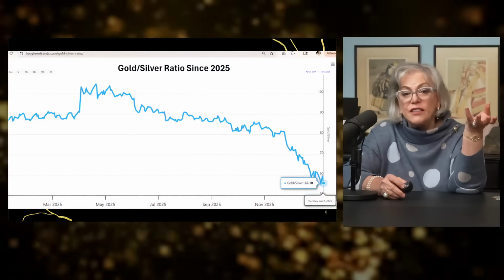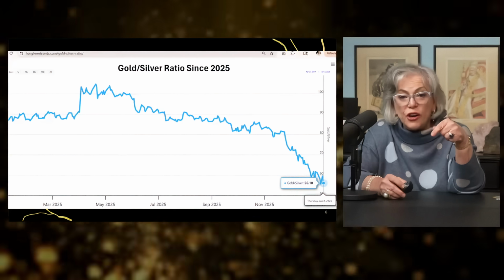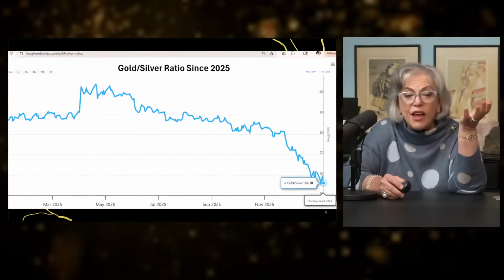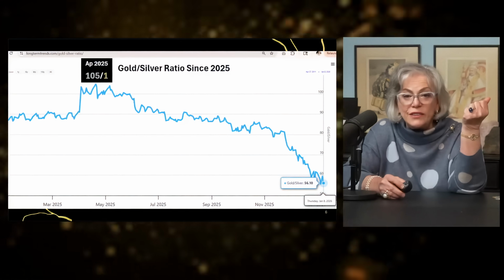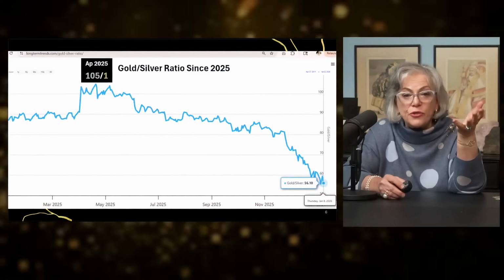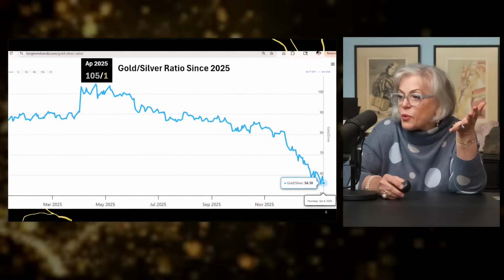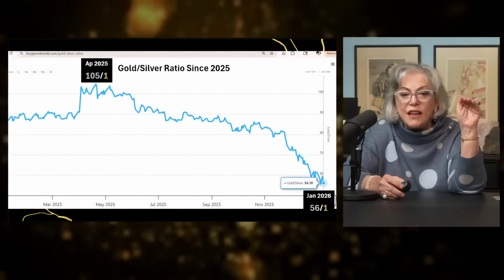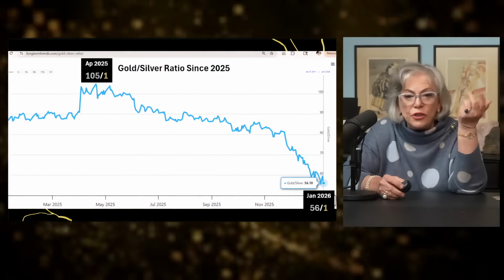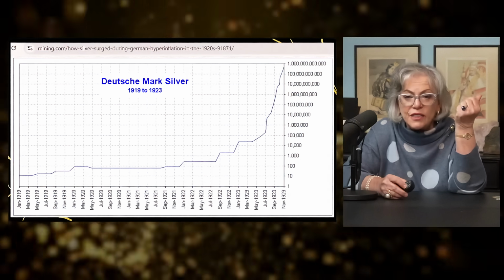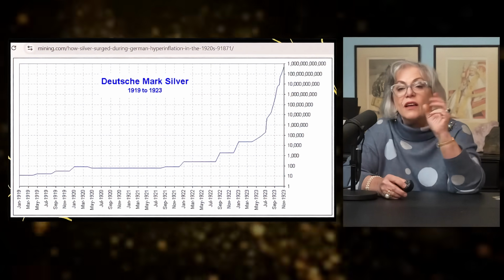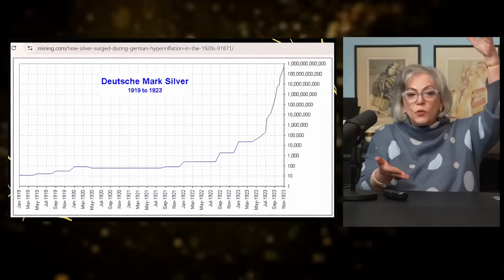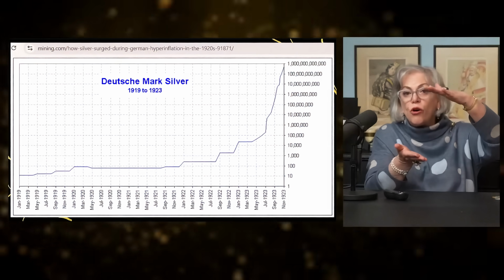And this is the gold to silver ratio since the beginning of 2025. And you can see how that has gone down, right? From 105 in April of 2025, testing that resistance level on the top, to whatever it is right now, 66, 68 to 1. But I've also told you many times that we will see that ratio grow more narrow.